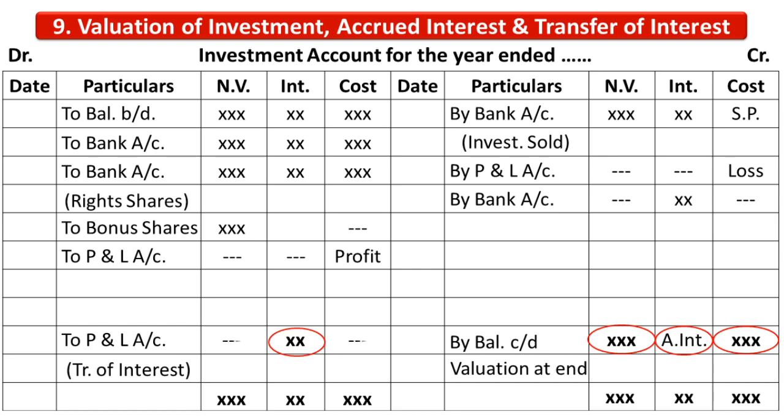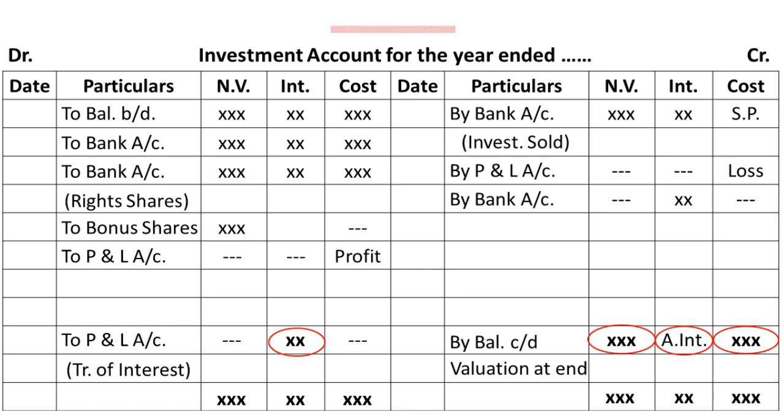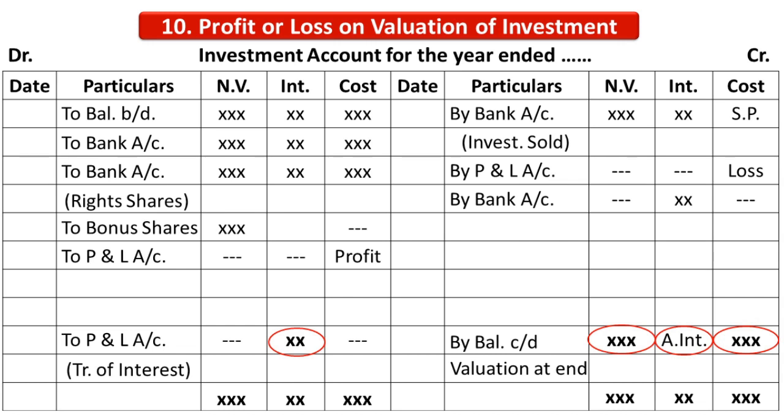Next and the last transaction, profit or loss on valuation of investment. As we know, if there is a profit, we have to record on the debit side. If there is a loss, we have to record on the credit side of investment account. Therefore, the profit on valuation of investment is to be transferred to profit and loss account.